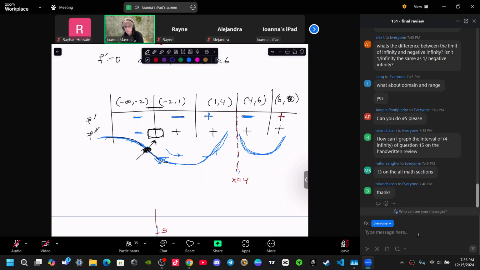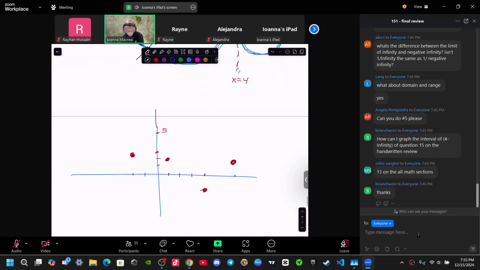Here's the inflection point, x equal -2. So -2 is right there. So the graph goes from facing downwards to facing upwards. Goes like that, right? And it doesn't do anything else strange here. It just keeps on coming closer and closer to 5. Let's pretend that's 5, right?